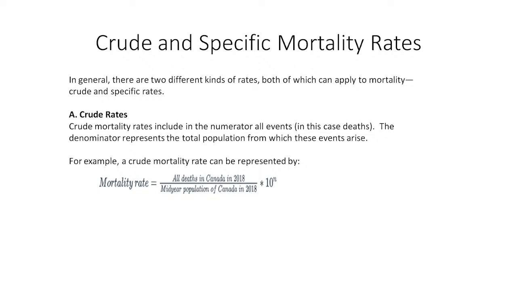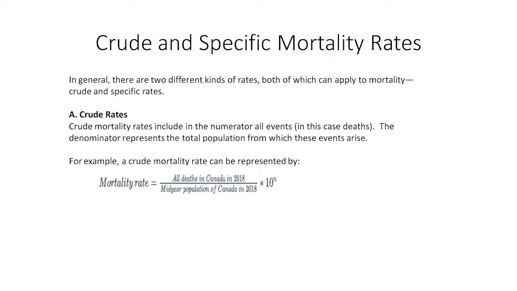Crude and specific mortality rates. In general, there are two different kinds of rates, both of which can apply to mortality: crude and specific rates. Crude rates. Crude mortality rates include in the numerator all events, in this case deaths.